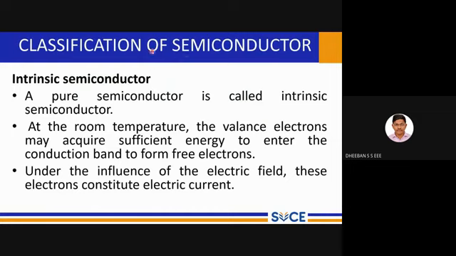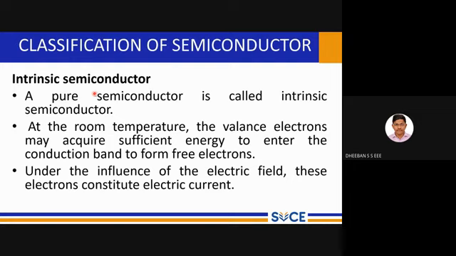Here you already know the classification of semiconductors, right? The classification is mainly based upon the type: intrinsic semiconductor and extrinsic semiconductor. How can we say it is an intrinsic semiconductor?